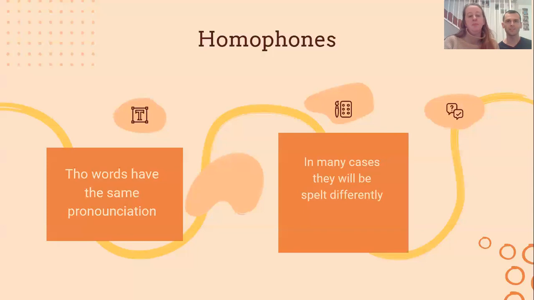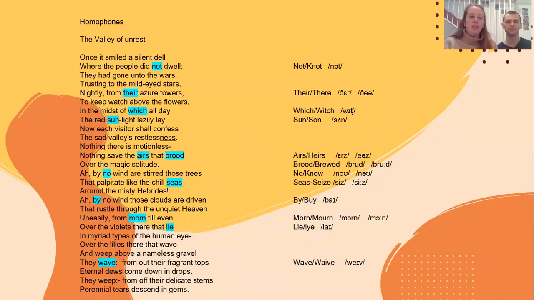Okay, so another concept worth mentioning are the homophones. These are words that have the same pronunciation. In many cases, they will be spelled differently. We didn't find respective examples of homophones in the text, but we found words that have homophones, such as not, there, which, sun, heirs, brood, no, cease, by, mourn, lie, and way.